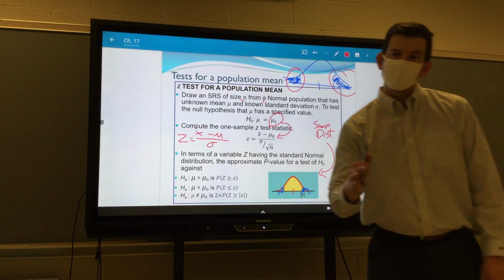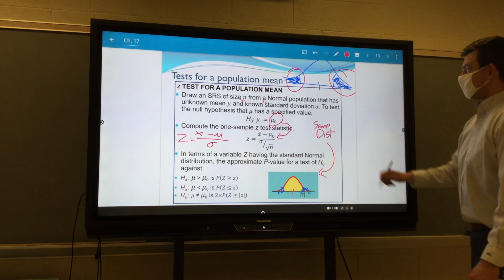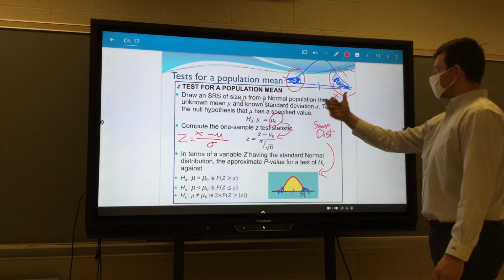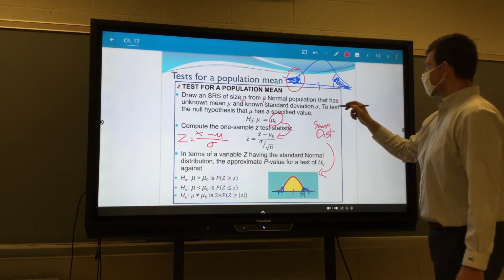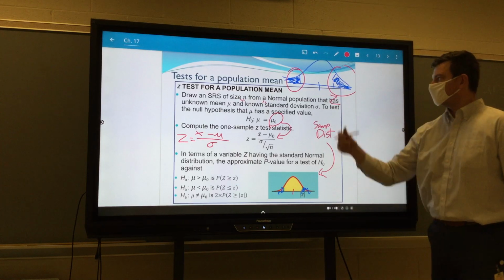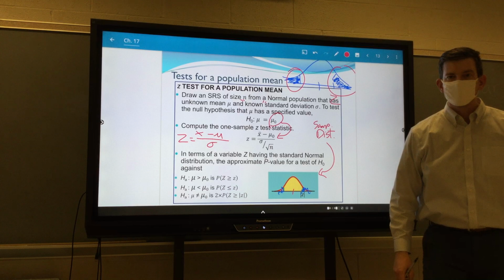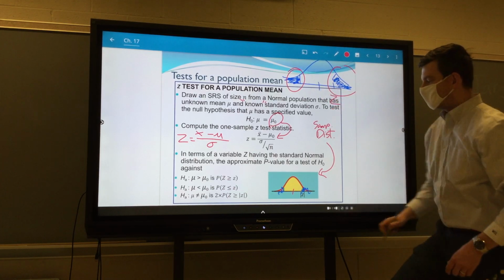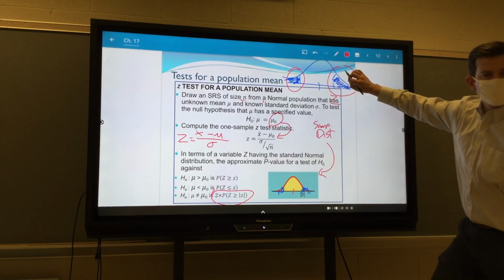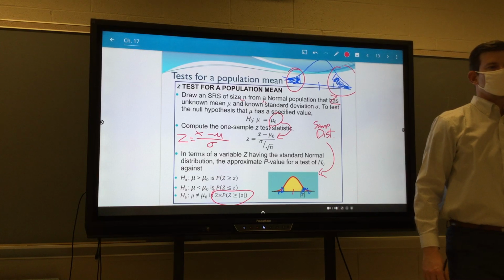And because the normal curve is a symmetric distribution, it shouldn't matter if I am Z standard deviations to the right or Z standard deviations to the left. It's the same value. So I can just multiply the area in one of those tails by 2, and that gives me the probability, the p-value.